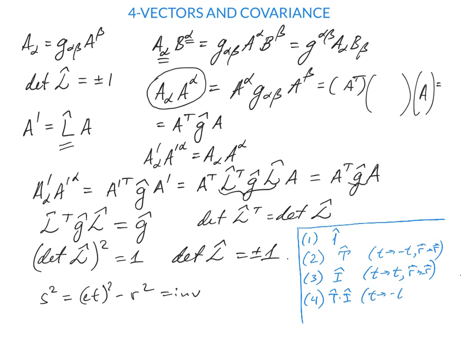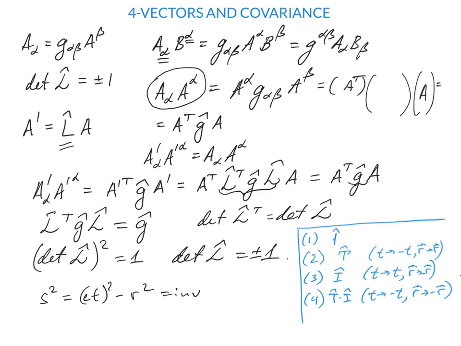So you switch the sign of time and space. So these four components are disconnected, so you cannot continuously change the parameters and switch from one to the other. The determinant is 1 for the first and fourth components, and it's -1 for the second and third.